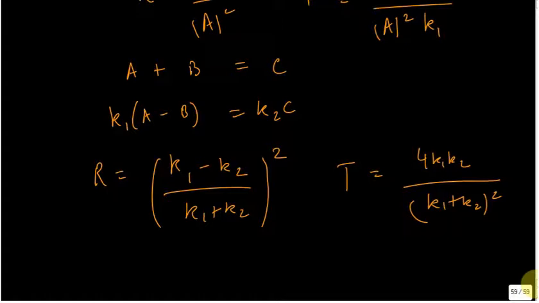Yes? You said you had two equations, but given that R plus T is equal to 1, do we have three equations? That's R plus T equals 1. And R and T come from K, B, C. So do I get an independent equation or is it a dependent equation?